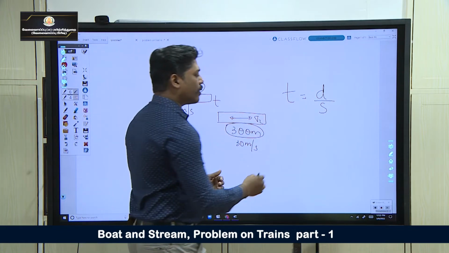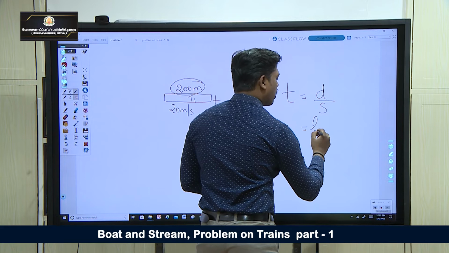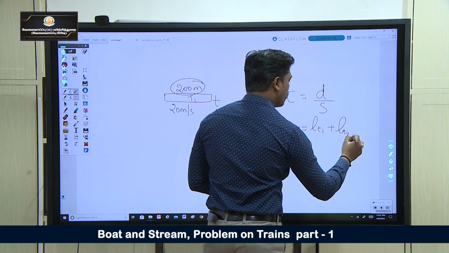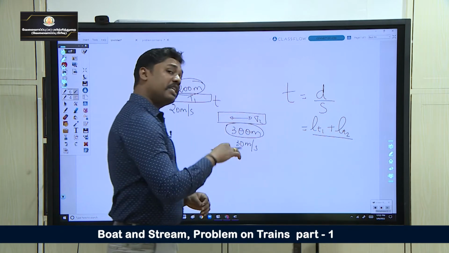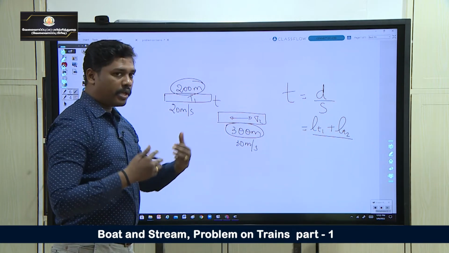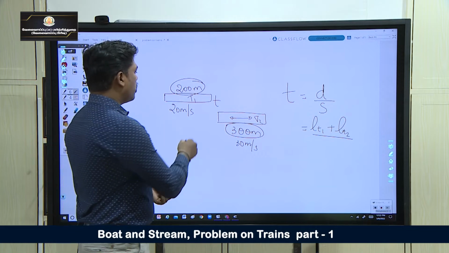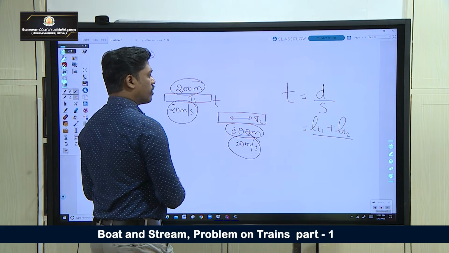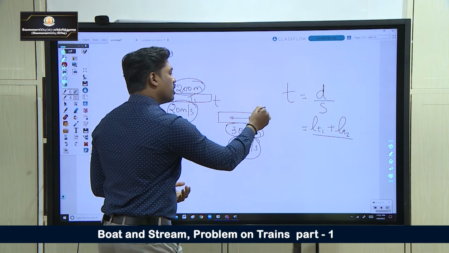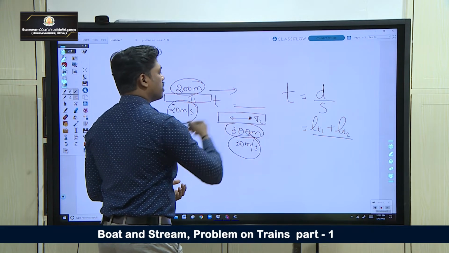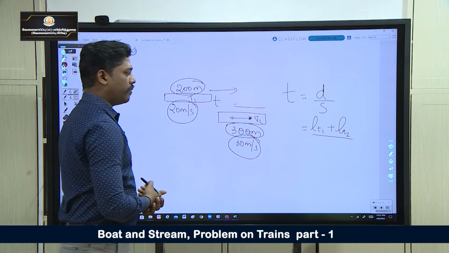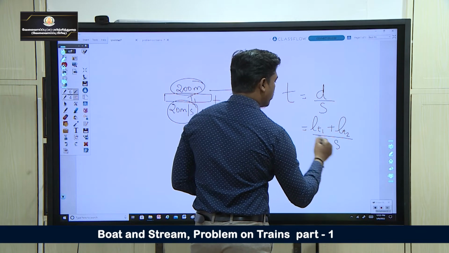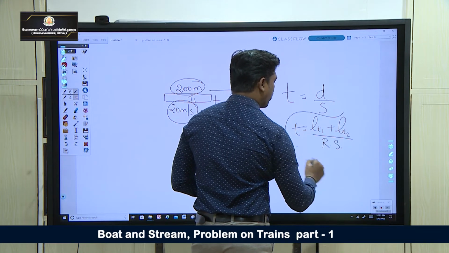So distance is equal to length of train 1 plus length of train 2, divided by speed. Here two objects are moving, so S1 plus S2. I am telling the trains are moving in opposite direction, so it is positive, divided by relative speed. So this is the formula.